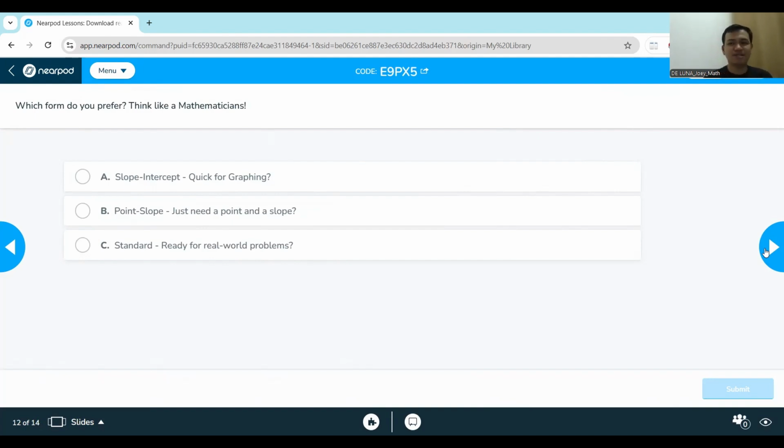B, point-slope, you just need a point and slope, or C, standard form, which is very applicable to real-world problems. All right. Okay, so 30% answered A, 40% answered C so far, and 30% also answered point-slope.